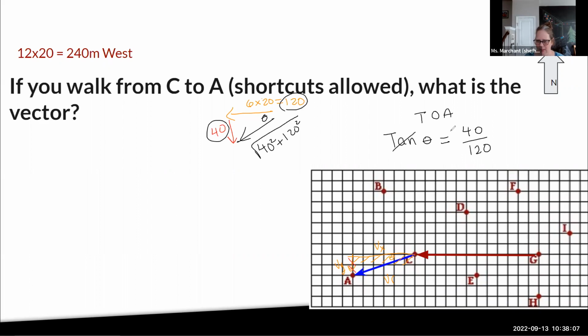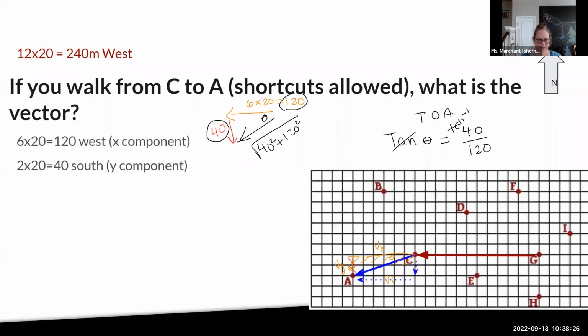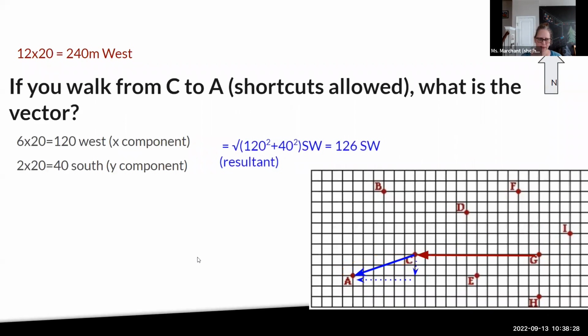I got to get rid of the tangent to see the theta on that. So tangent inverse of the quantity 40 over 120 is going to give me my angle for the vector from C to A. That would be 126 southwest. So in this case, it did not need my angle.